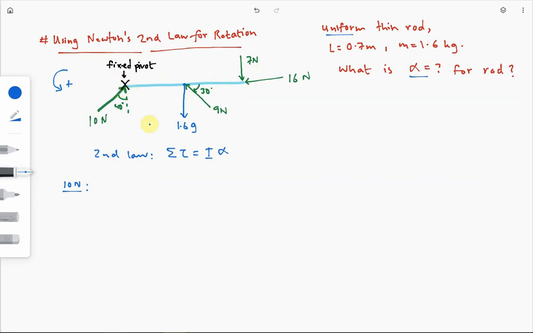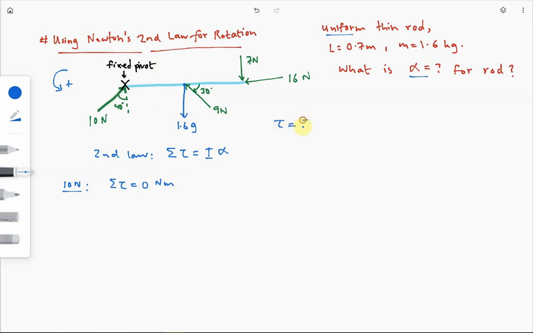Okay, alright, so about X, what is the torque produced by the 10 Newton force? Well, it is simply 0 Newton meters. Why? Because as you can see, the force is applied directly at the fixed point. And remember how torque is defined.